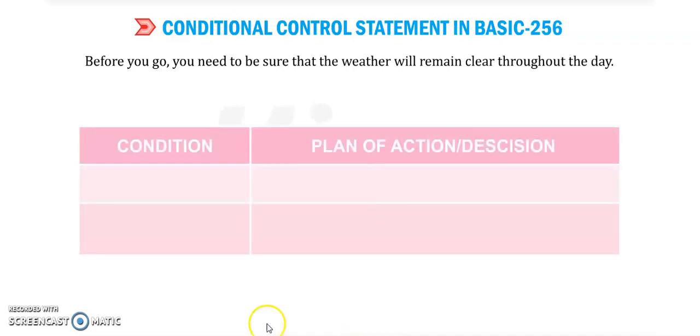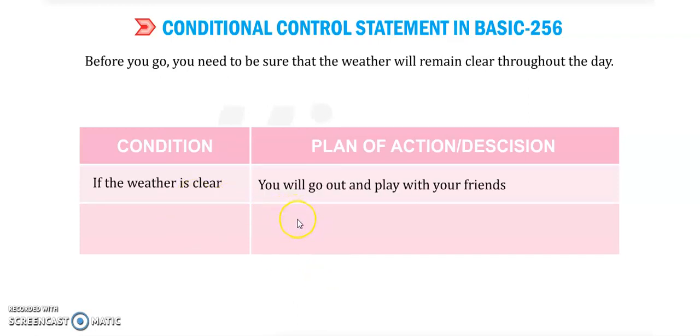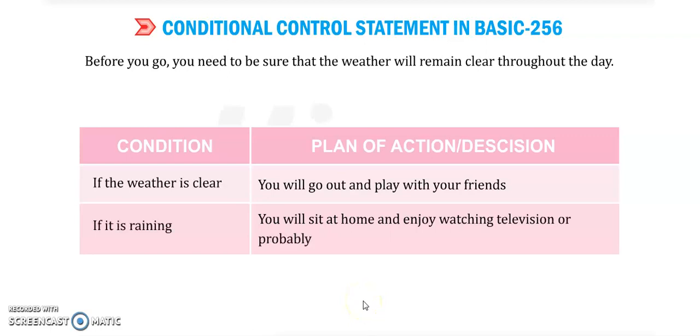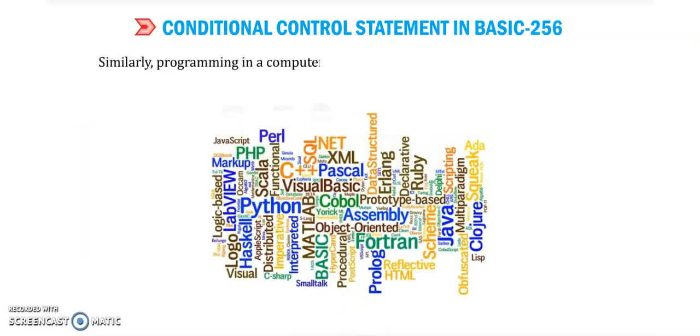So there is a condition, and regarding this condition, we make plans of action and take decisions. If the weather is clear, we will go out and play with our friends. If it is raining, you will sit at home, enjoy watching television or probably read a storybook. So with the condition, we make the decision.